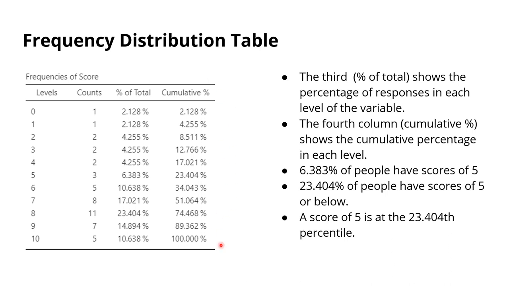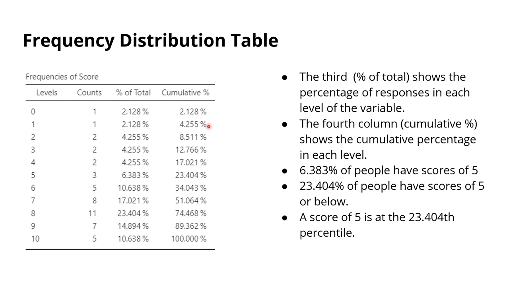The cumulative percentage column computes the total percent in a given category and the number of people at or below that category. So for the very first row here, we have 2.128%. So 2.128% of people have scores of 0 or below.